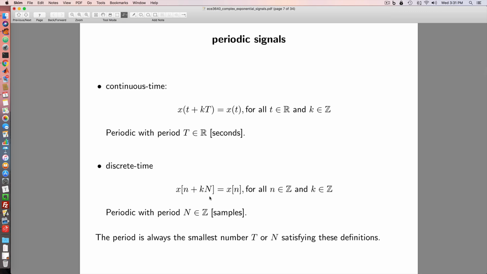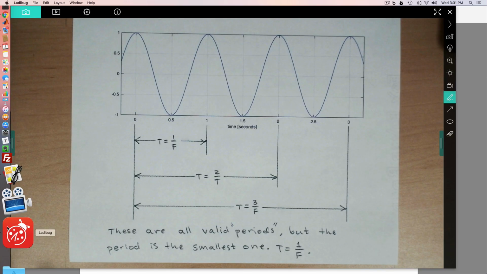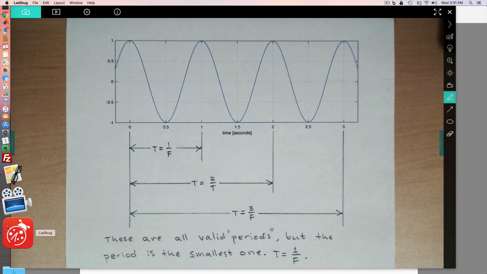And to illustrate that point, let me show you another picture under the document camera. So here we have that same continuous time periodic signal, and you could define the period.